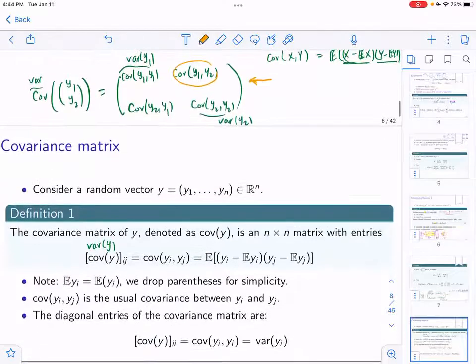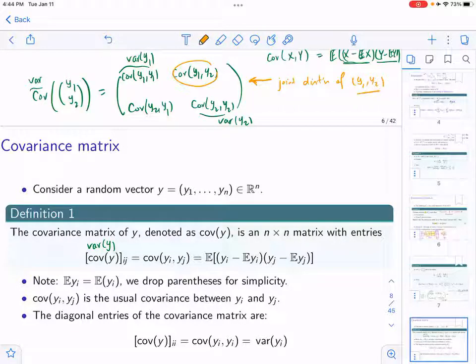Because we are out of time, everything sort of follows if you know the joint distribution of x and y. In this case, for example, if you know the joint distribution of y1 and y2, so this is like the joint PDF, then you can compute everything.